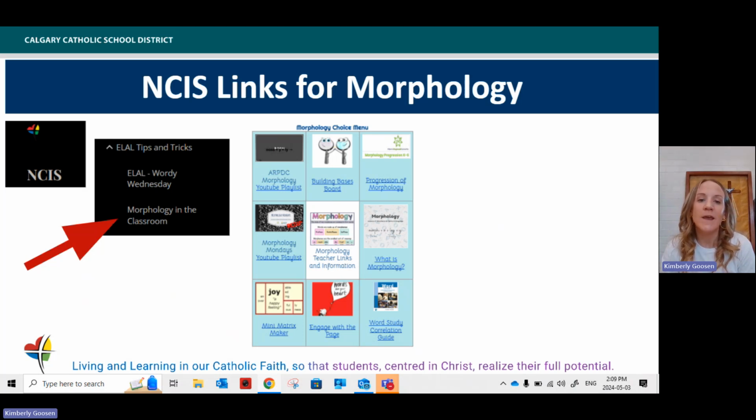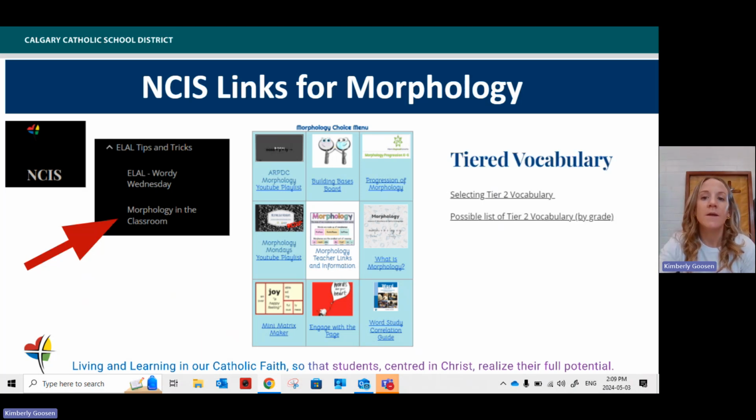And then some information. So ARPDC actually does a Morphology Mondays session, and they record it and they post it, so you can just go and listen to it when you have time. And there's some more general information about what is morphology. The tiered vocabulary, so the selecting checklist and the possible list, again, not a checklist.